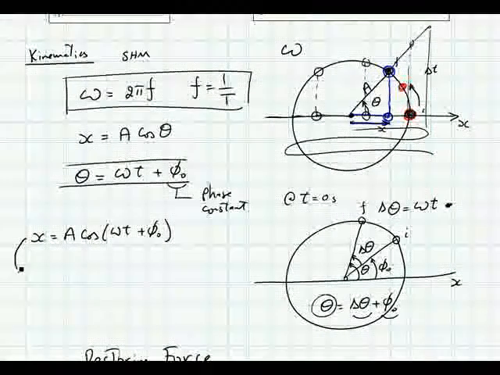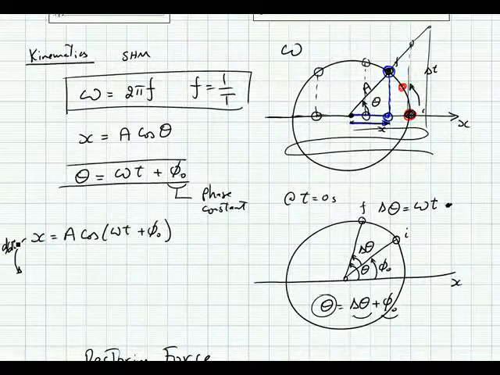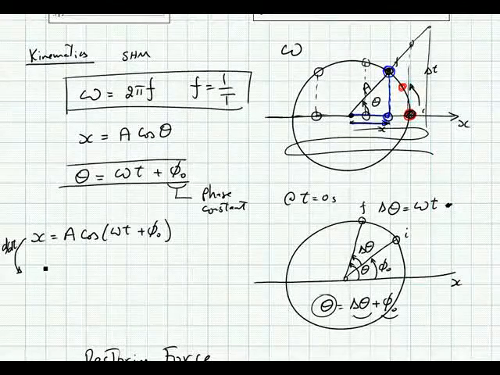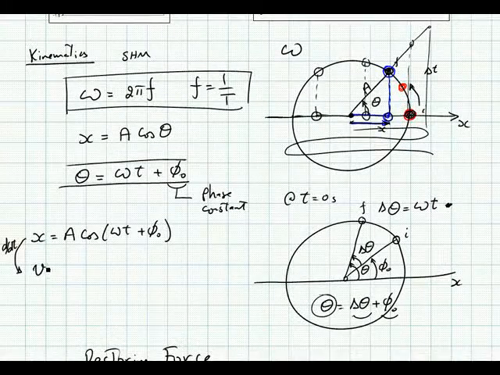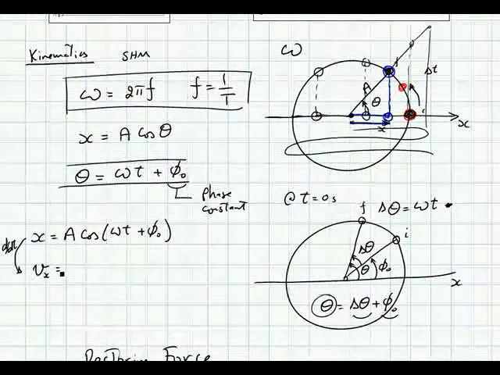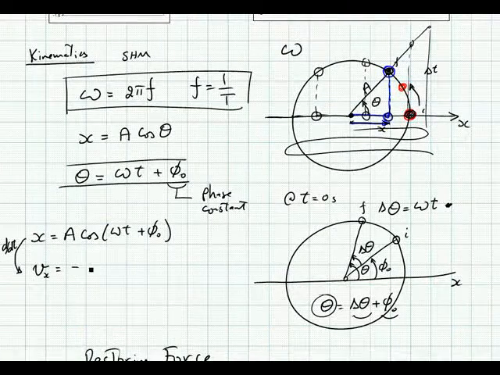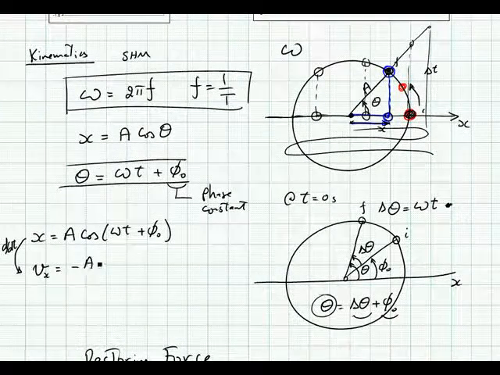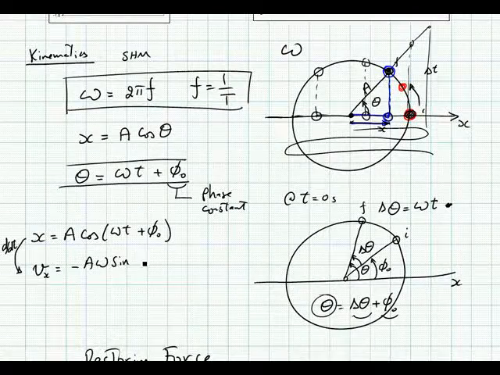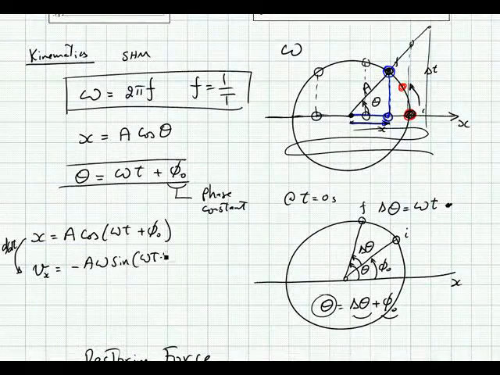Now taking a derivative of position with respect to time, we end up with velocity, of course, and the derivative would be minus a omega sine of omega t plus phi naught.